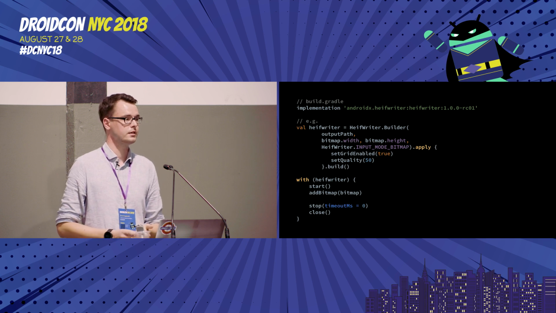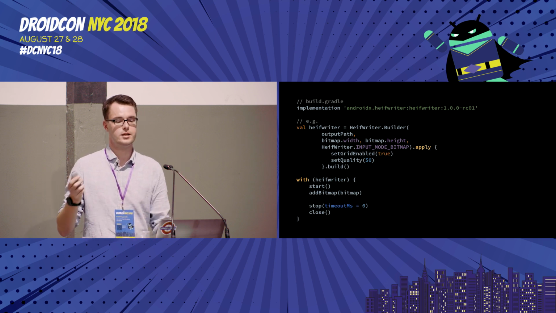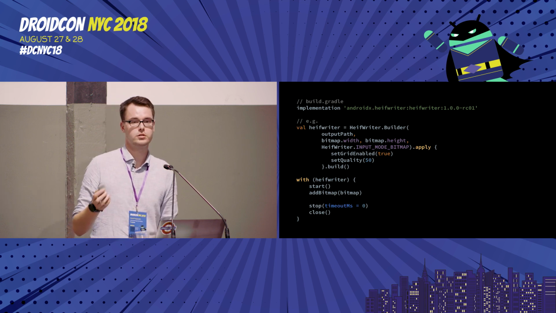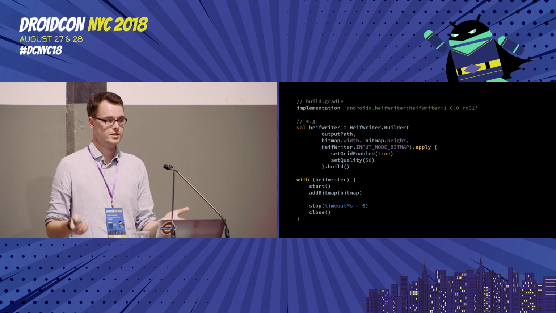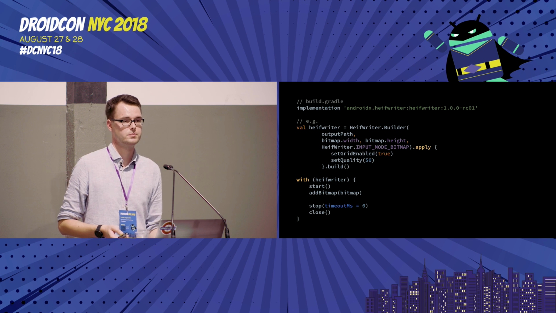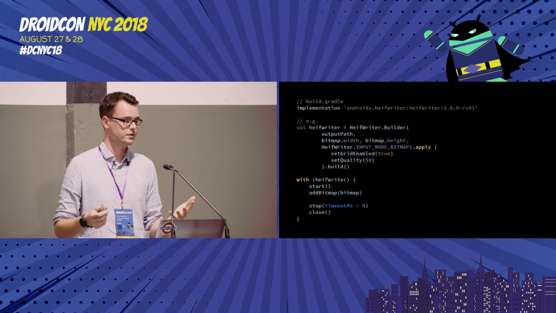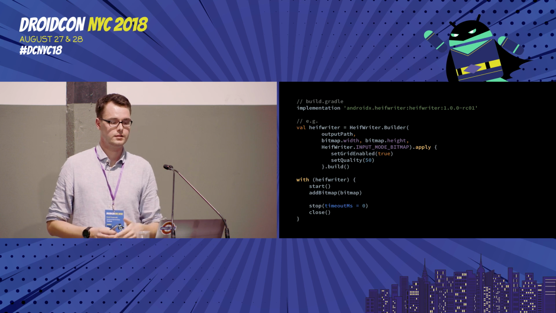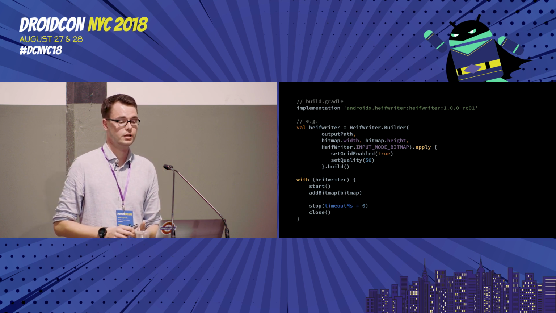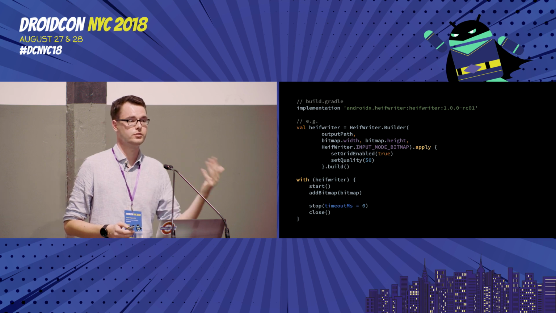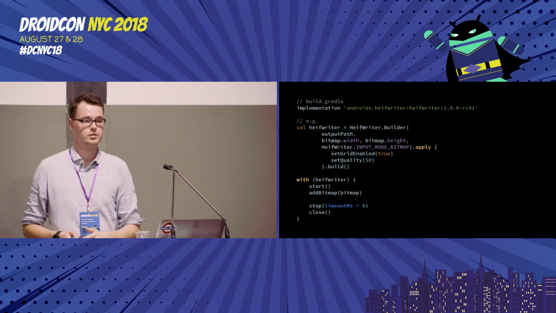So the HEIF writer has to manage the allocation of those resources. And it's also important to notice that the implementation depends a bit on the device, which makes deterministic statements about the quality a bit harder. So, for instance, your set quality usually has a lower sweet spot than JPEG, but it also depends on which implementation the device is using.